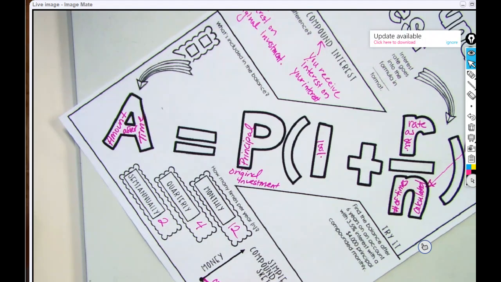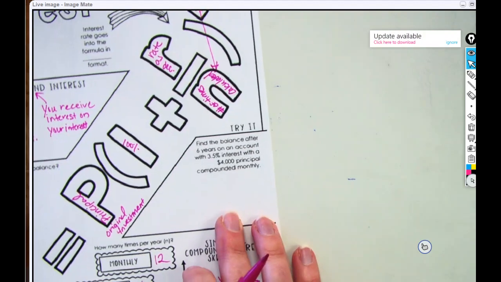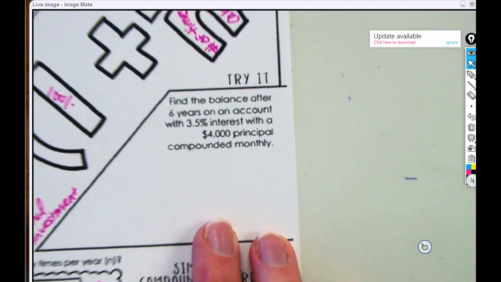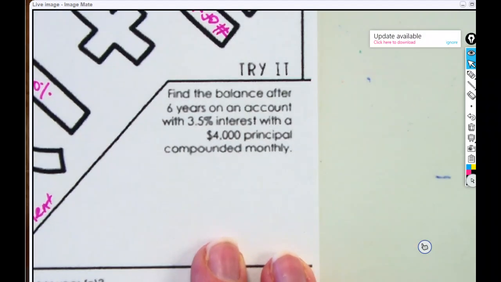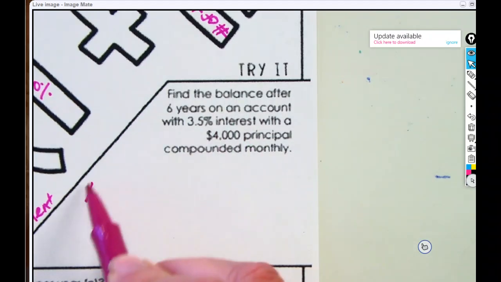Now there's this little problem over here that says try it. Find the balance after 6 years on an account with 3.5% interest with a 4,000 principal, compounded monthly. Let's write this down.